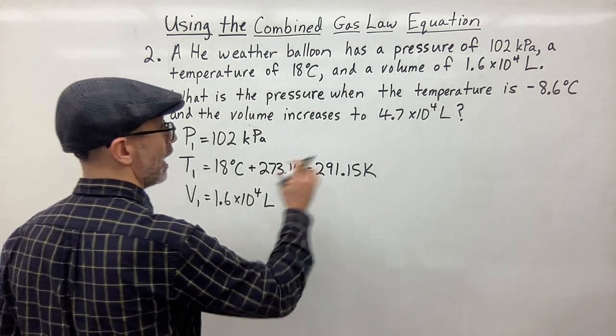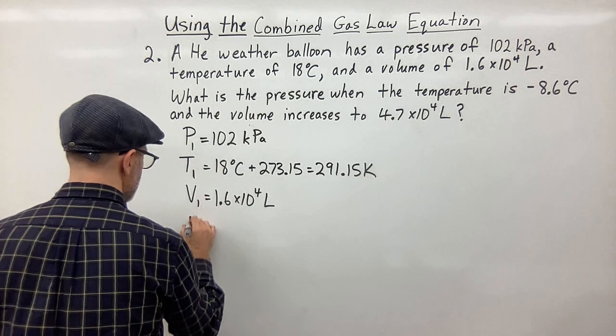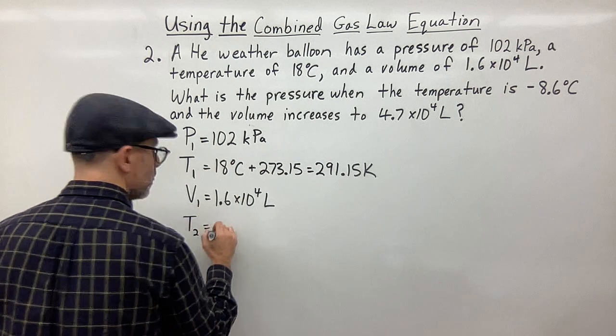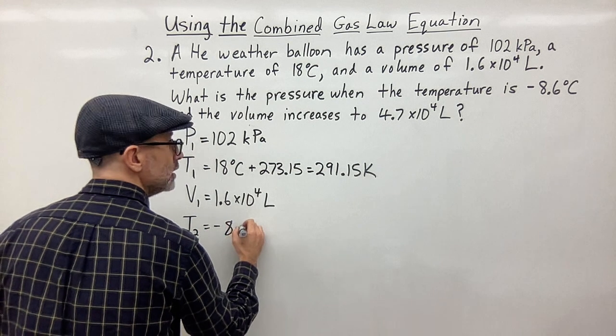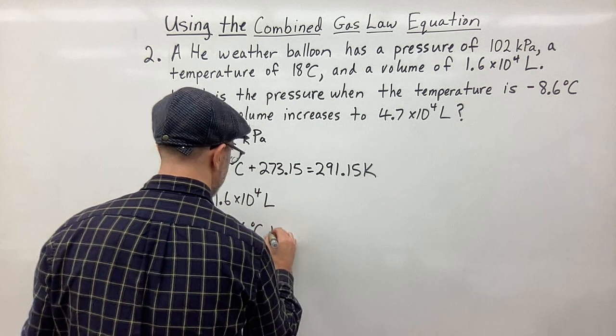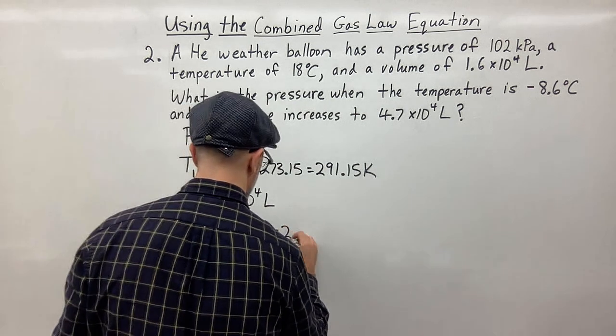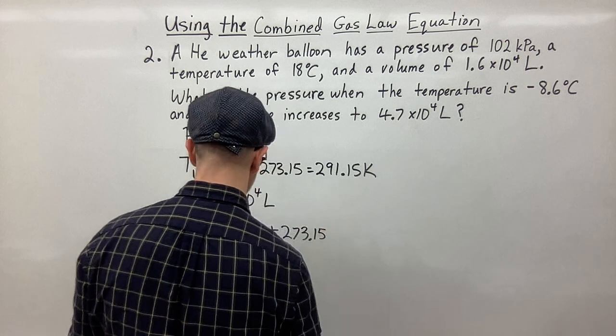So we have our new temperature, which is going to be our T2. That's negative 8.6 degrees Celsius, and we're going to add 273.15 to that.